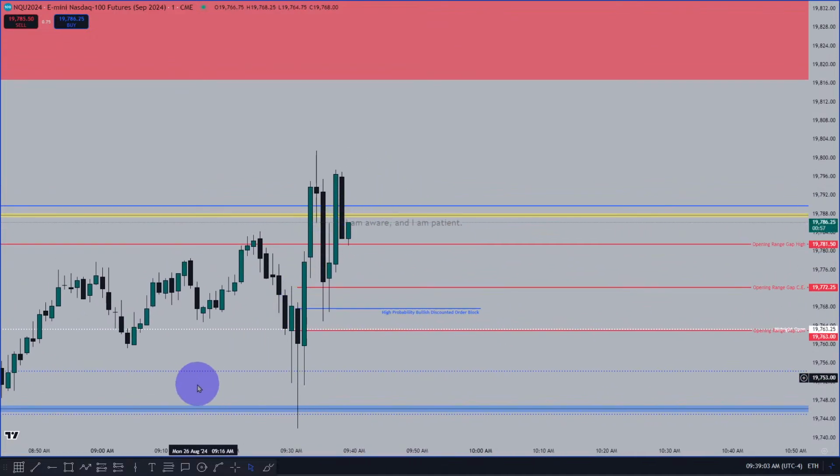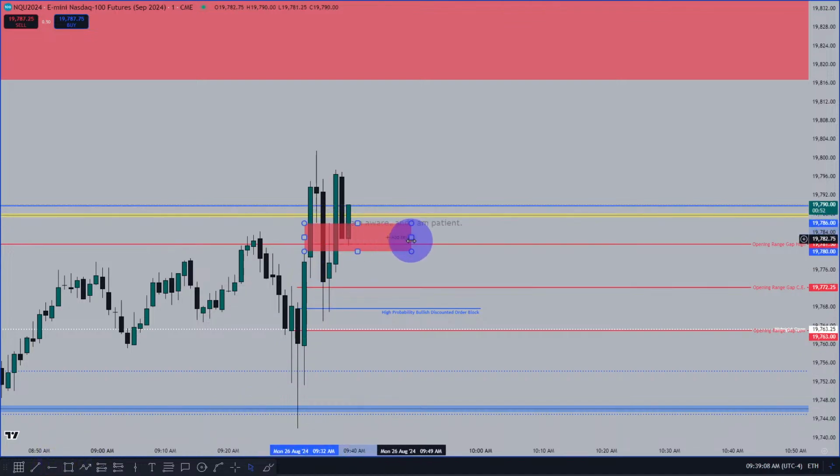Rejecting in this gap here, and we're right now trading back into it. Let's see how price. That level over there could make a new high. I don't think that is respected, and the order flow is gonna be moved towards bullish.